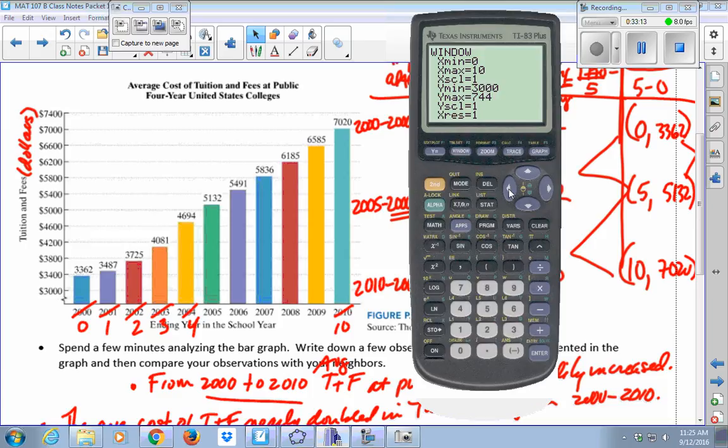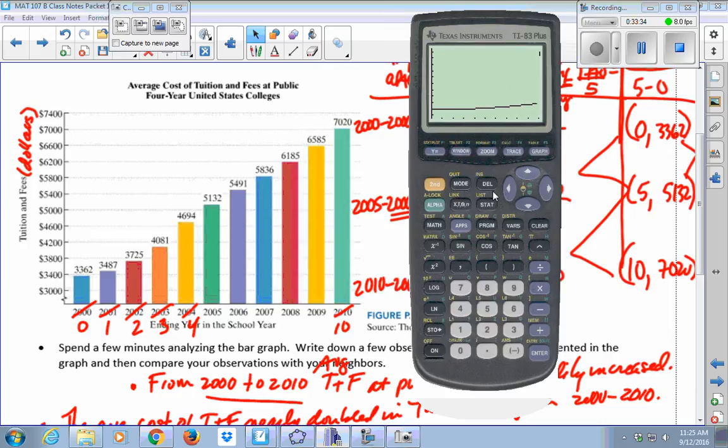And what are my increments along my y scale now? They're not going by $1 from dollar, they're going by $400. Okay, so now I have my equation in there and I have my window set. When I hit graph, I should see this graph.